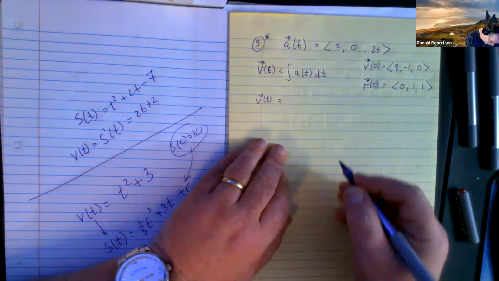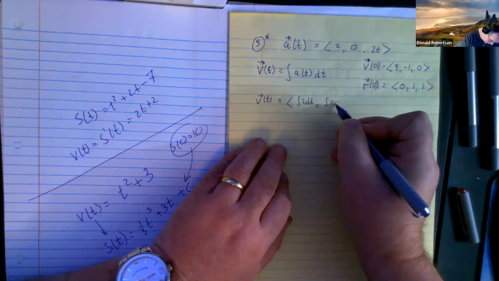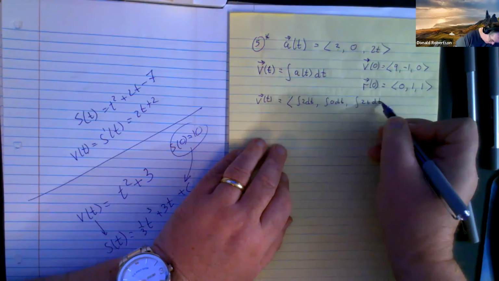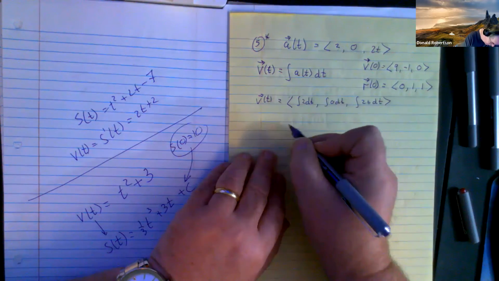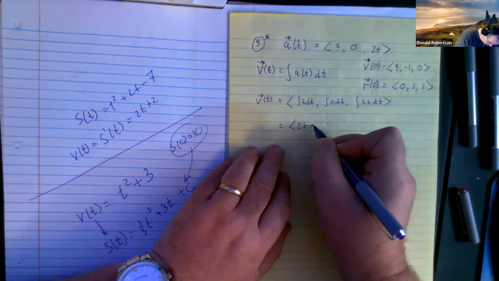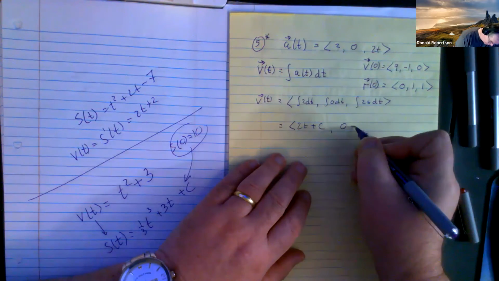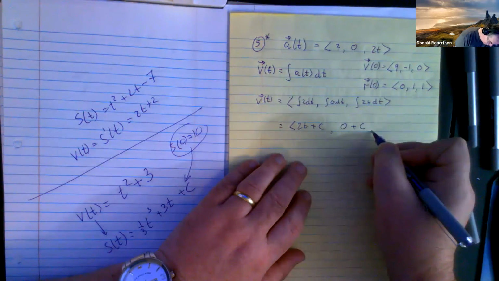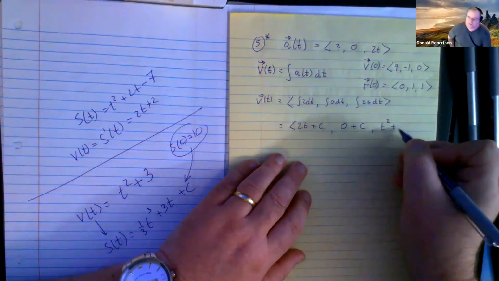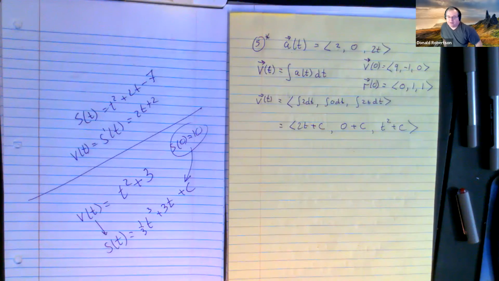So you're going to find the integral of 2, the integral of 0, and the integral of 2t. If you integrate this guy, you get 2t plus an unknown constant. If you integrate 0, you get 0 plus an unknown constant. And if you integrate 2t, you get t squared plus an unknown constant. So far, so good.